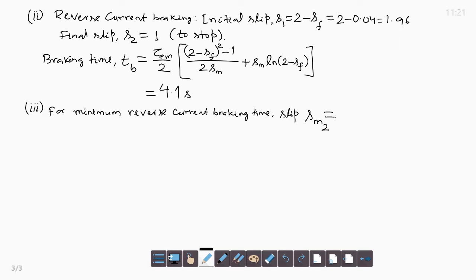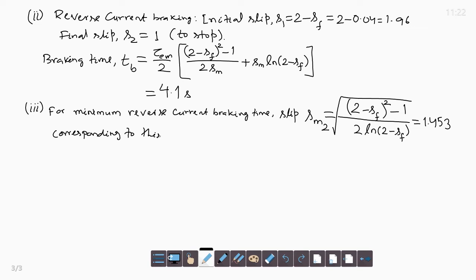It is given by the root of (2 minus Sf) whole square minus 1 divided by 2 ln (2 minus Sf). Sf is known, so you can find out this Sm2 is coming to 1.453.